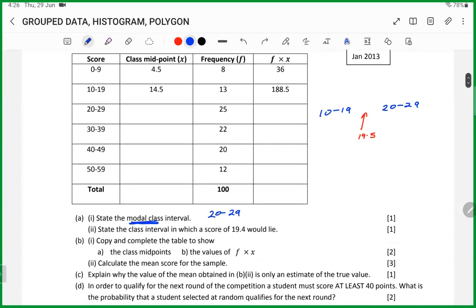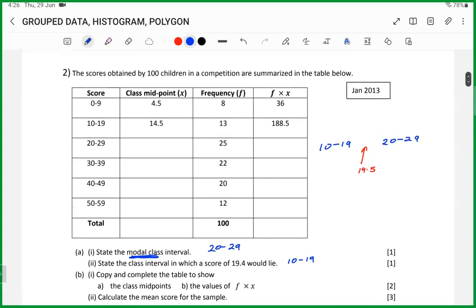So the answer would be 10 to 19. Copy and complete the table to show the class midpoints and the values of f times x. Now, we did look at finding the mean for a frequency table, not for grouped data, but it's very similar.